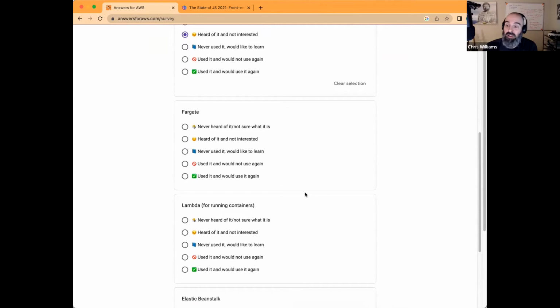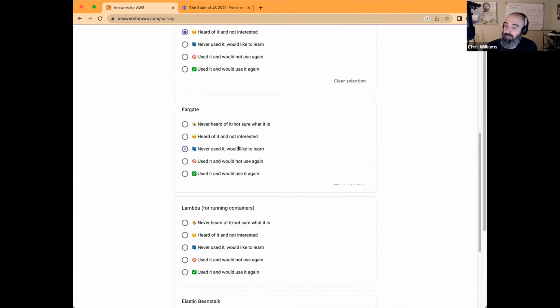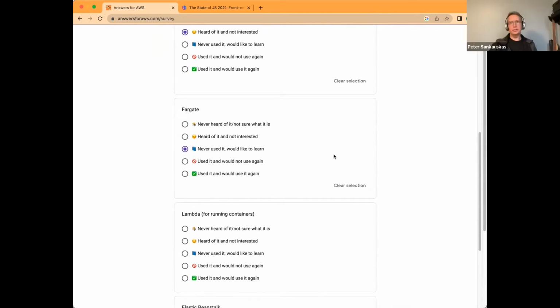Fargate. I've never used it, but I would like to learn. I love Fargate. Getting rid of managing all of the EC2 instances, the auto scaling groups, just whoosh, and using Fargate. I did it at my last company, and never had an issue with Fargate. It's what ECS should have been out of the gate, and what everyone thought it was out of the gate, really.